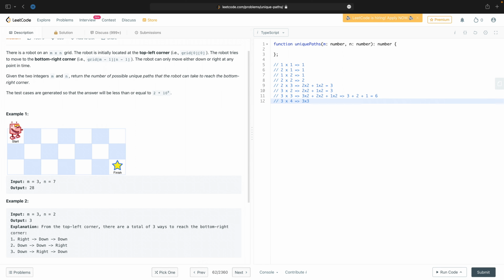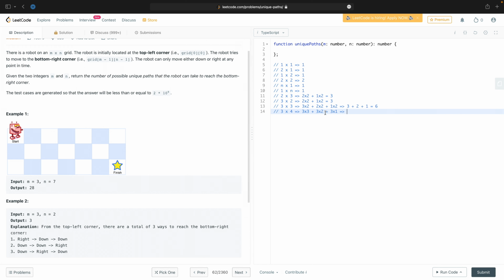It's a 3 by 3 plus a 3 by 2 plus a 3 by 1. Ooh, 3 by 1. Hang on, so an m by 1 is always 1. And 1 by n is also always 1.